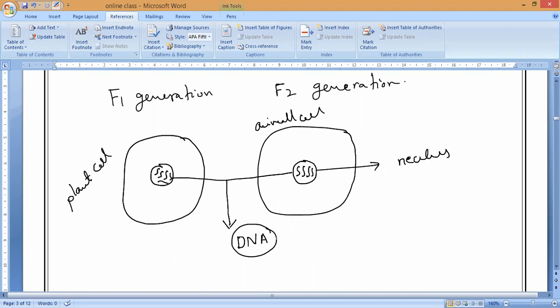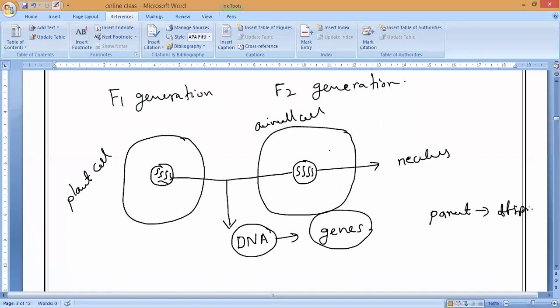Now, what do you mean by DNA, guys? Even in 10th I told you the DNA full form: deoxyribonucleic acid. It carries the genes, the genetic information from parents to the offsprings.